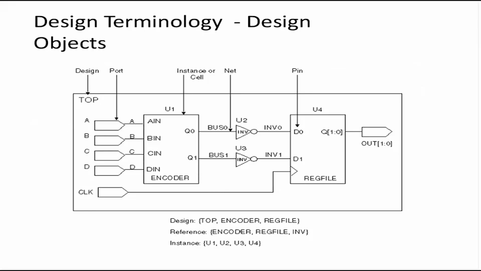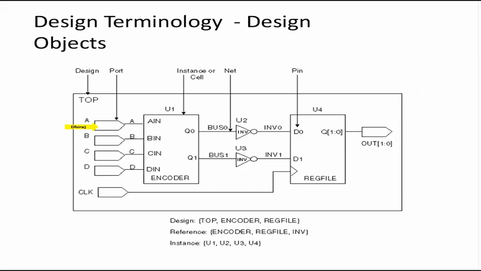Now let's come to design objects. Here's one example. There's a design called top, which has input ports A, B, C, D, and clock, and an output port out, which is a 2-bit bus. When we talk in terms of synthesis, this top level description is called a design.